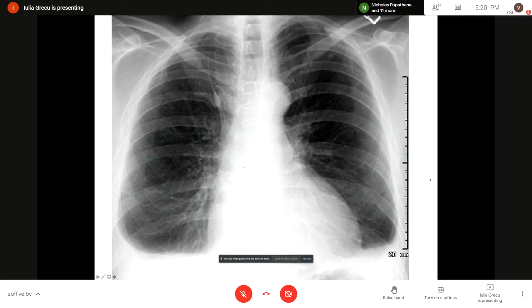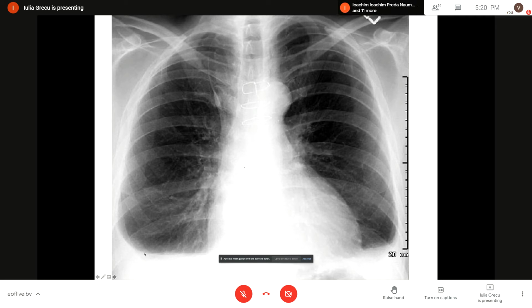So here is an easy example in which you can see the blunting of both lateral costophrenic angles with this meniscus and ascending line towards the thoracic wall, which suggests a small pleural effusion. The border of the opacity is concave to the superior aspect of the cavity, and its highest peak is lateral.